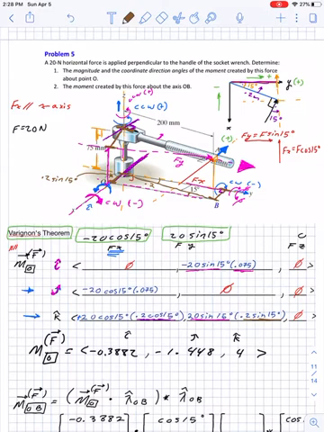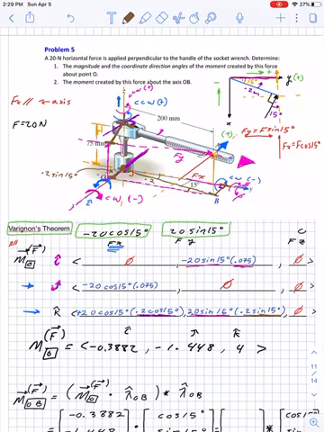So it's important to note that the minimum distance is the minimum distance from that axis to the line of action. So if we're doing the z, it doesn't matter if the point is down here. It just matters where's the minimum distance from the axis to the line of action. It seems a little weird, but with practice you'll get the hang of it.